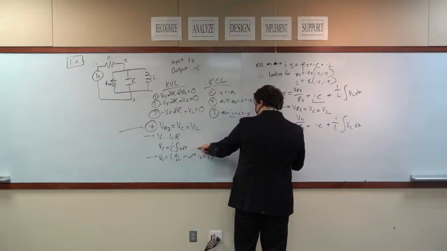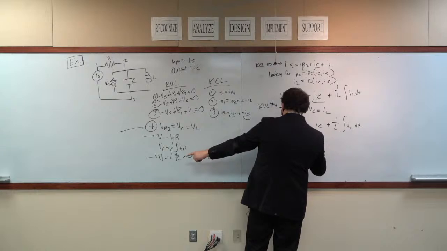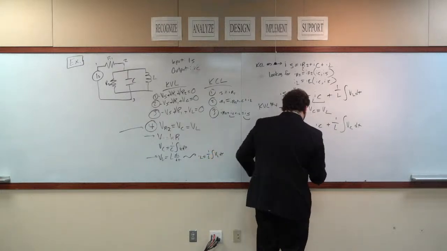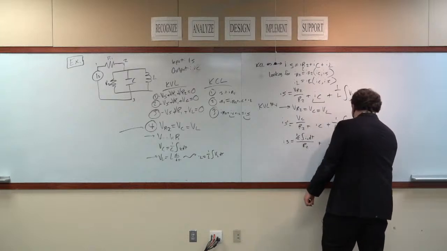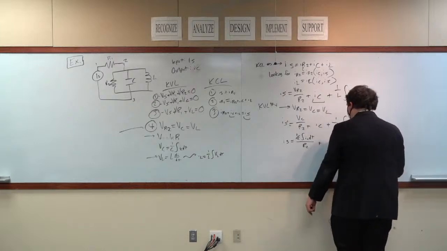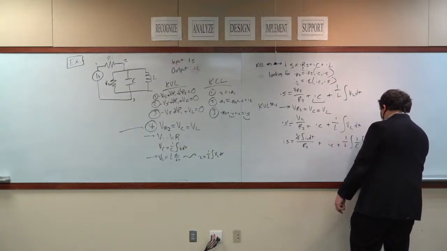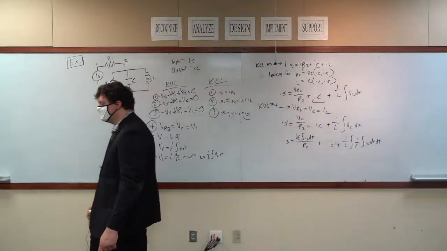So, using this equation here, IS is equal to 1 over C integral IC dt over R2 plus IC plus 1 over L integral of 1 over C integral of IC dt dt. Man, that's ugly.